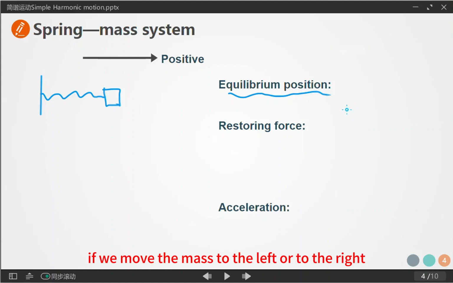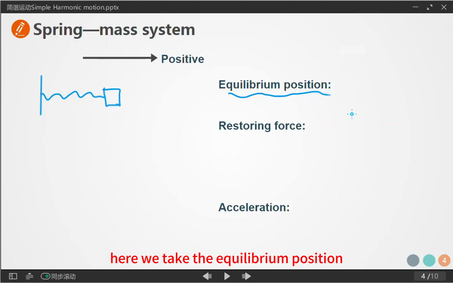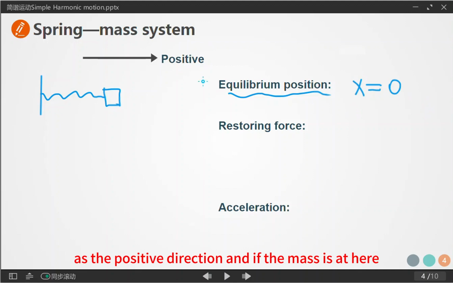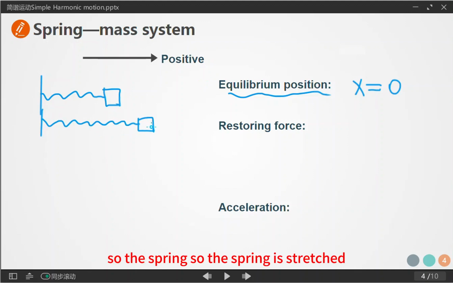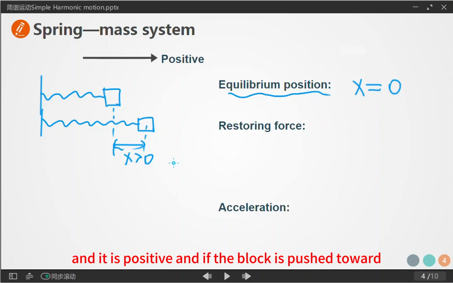If we move the mass to the left or to the right, the mass has a displacement compared to the equilibrium position. Here, we take the equilibrium position as x equals 0. If we take the right as the positive direction and the mass is here, the spring is stretched and the distance here is the displacement x, and it is positive.